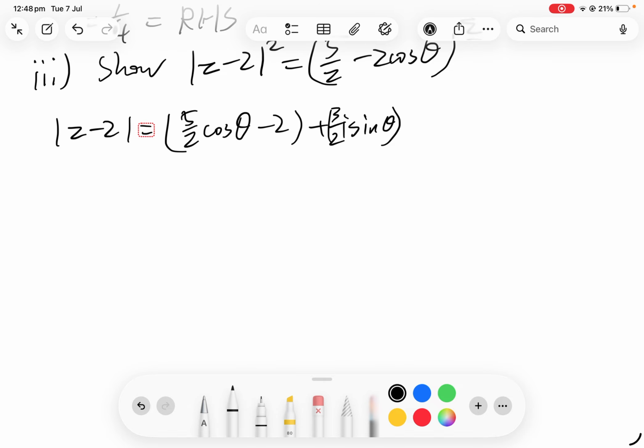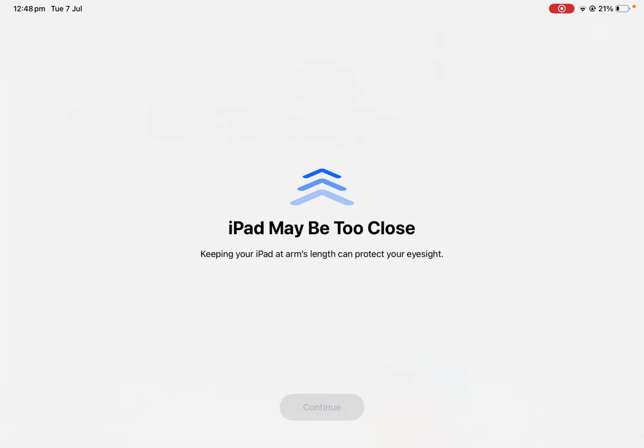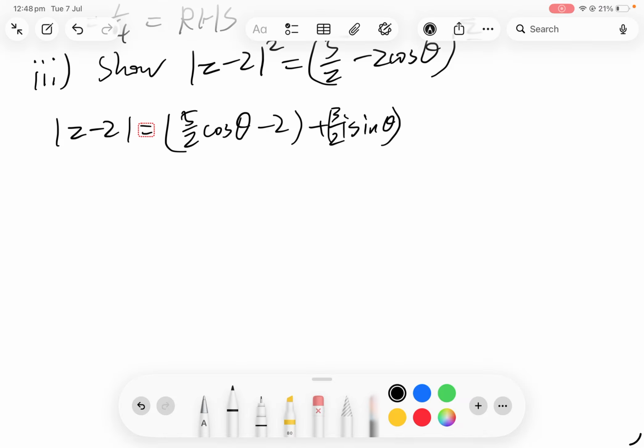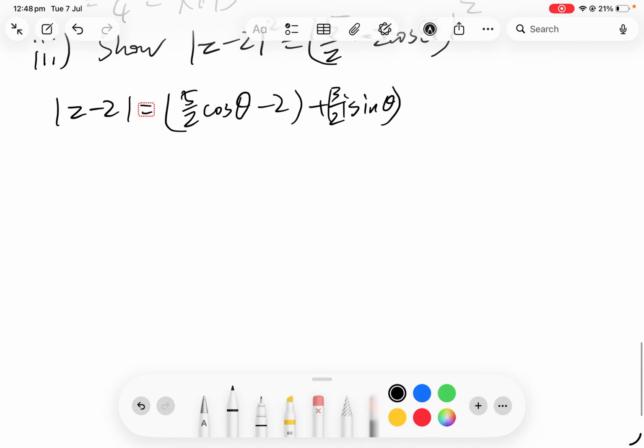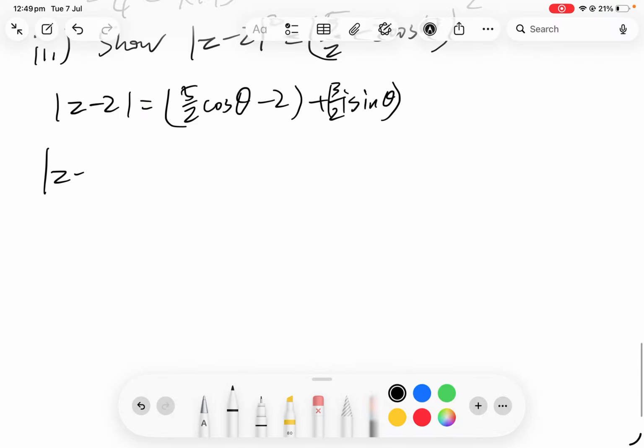Yes, okay. And then we have to square everything, so we just have to square each of them. So |z minus 2| squared equals (5 over 2 cos theta minus 2) squared plus (3 over 2 i sine theta) squared.